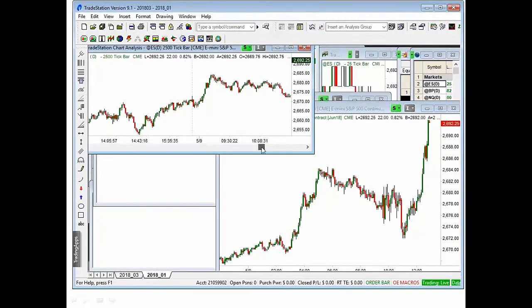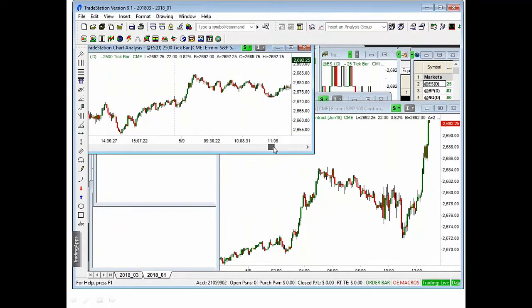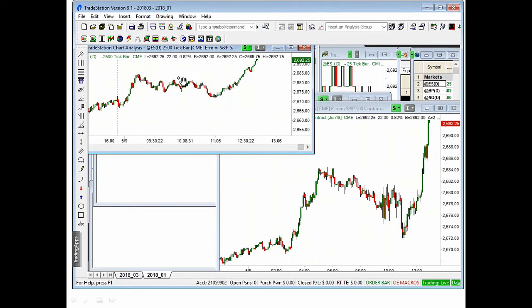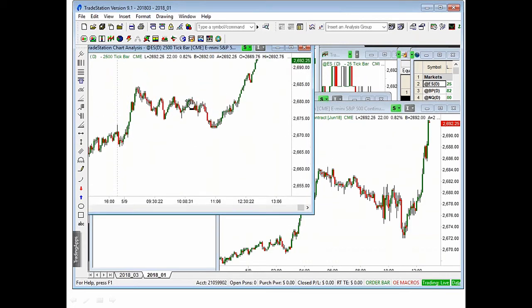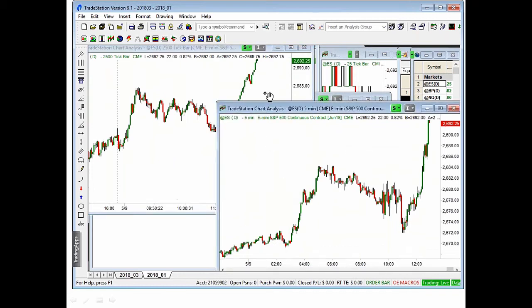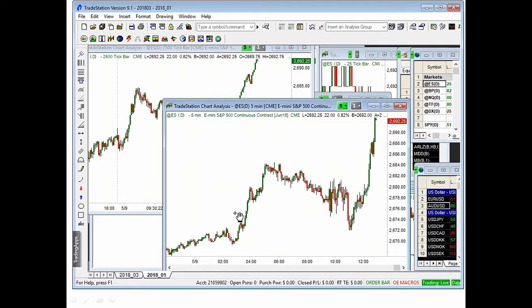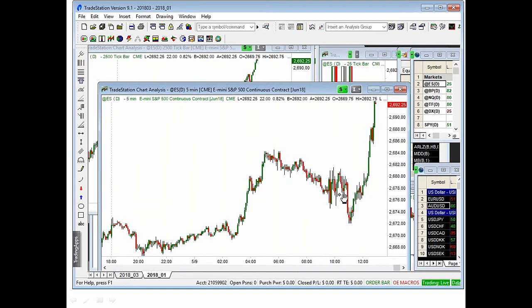When we look at early action this morning on the tick chart, and you see this back and forth movement, you can see that it's a lot smoother on this 2500 tick chart. Whereas when we look at the action on the 5-minute chart of the ES, look at how messy this gets. There's a lot of back and forth from one bar to the next, and you just can't see the waves of movement as easily.